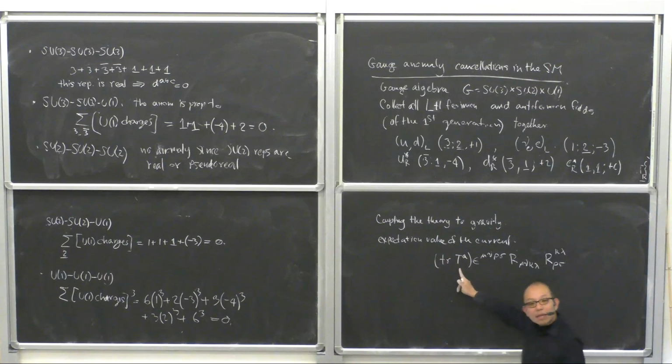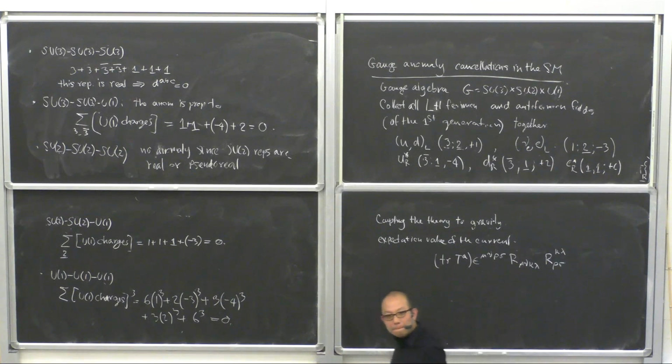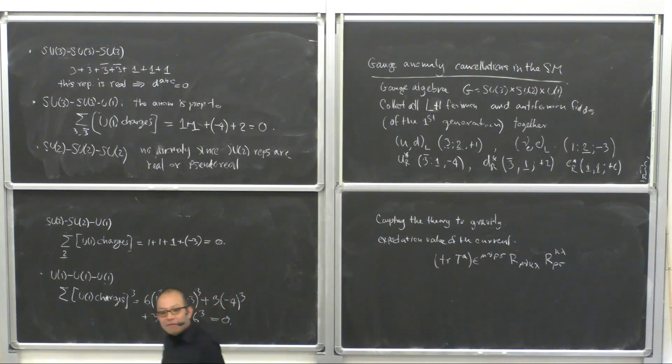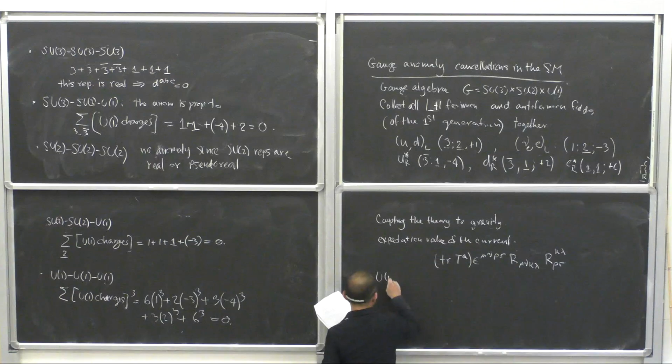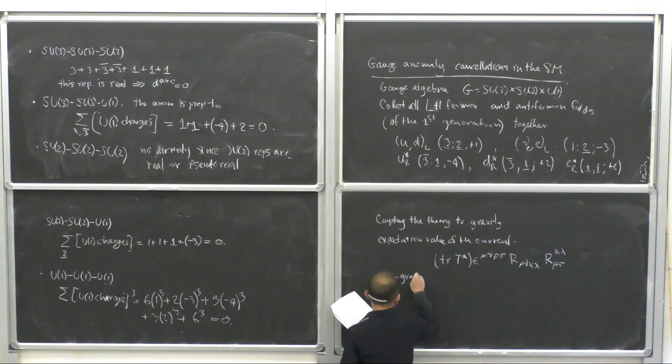So can anyone tell me what happened here? If you have an abelian factor and you couple to gravity, what happens? Never have to consider, right? Because the trace of T^A is just 0. But what you have to consider is the U1, right? Because U1 appears as charge. So you have to consider U1, gravity, gravity.